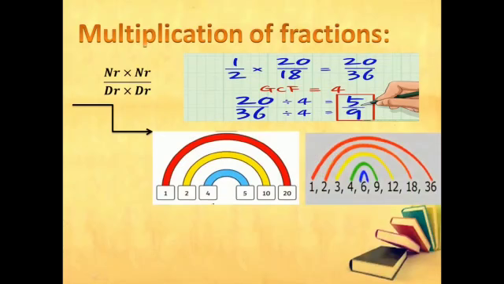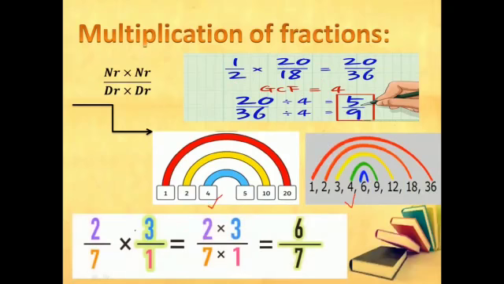If you observe, 4 is the highest common factor for both of them, then you can cancel. Otherwise, you can cancel here also, 1/2 and 20/18, but you have to cancel only one numerator with one denominator. Never cancel numerator with numerator or denominator with denominator.